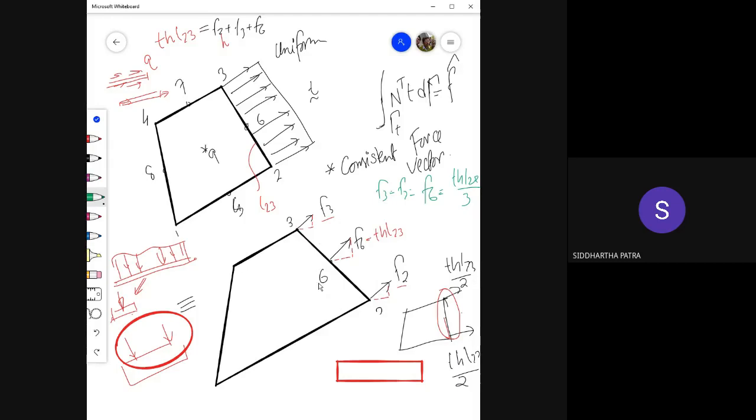Of course, in the finite element method, the net integrated traction force should be the same as the one given in the original problem. Okay, so we can write it like this. But that is our intuitive solution, or you can say the intuitive guess actually.